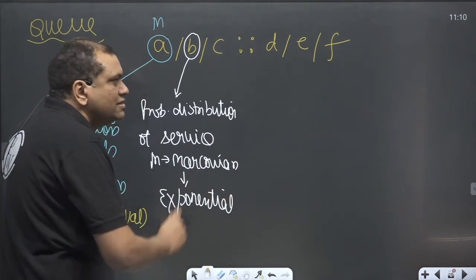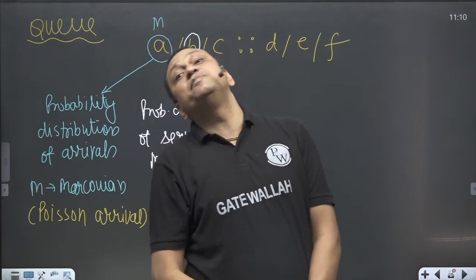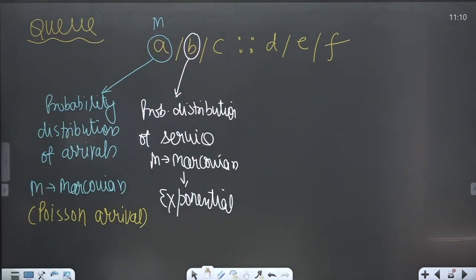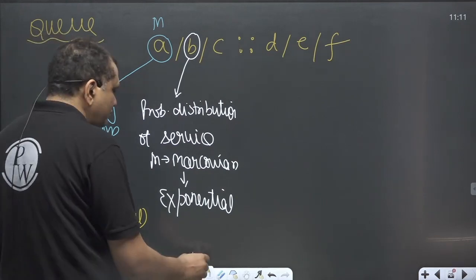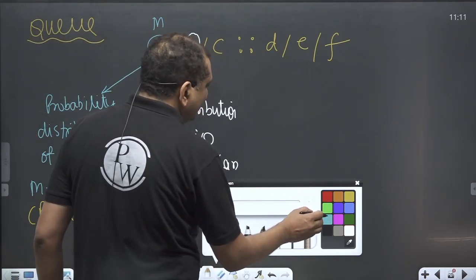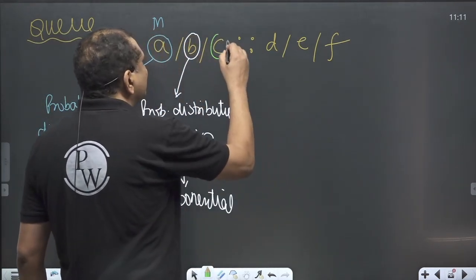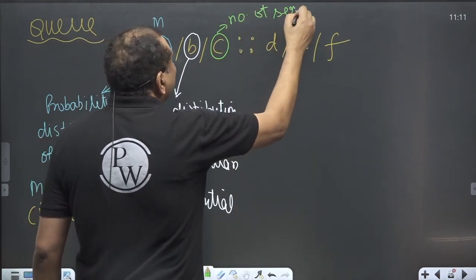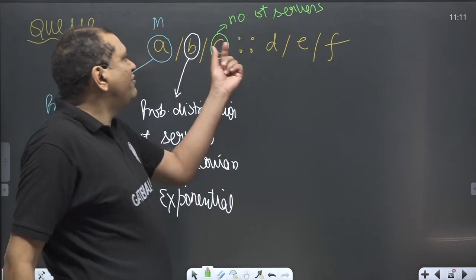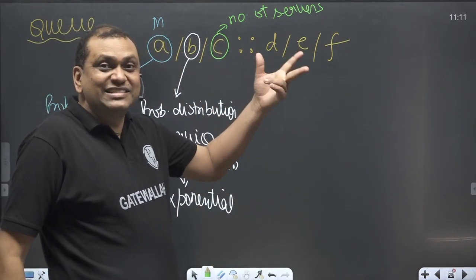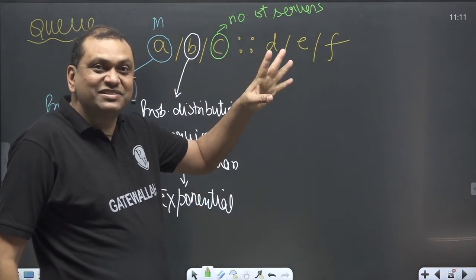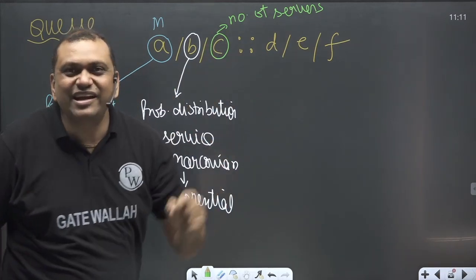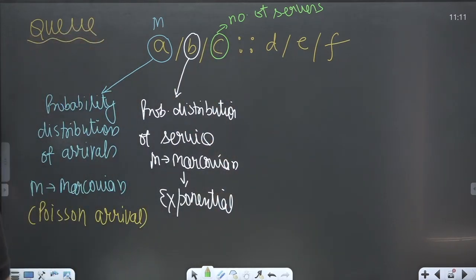My service probability distribution is the exponential probability distribution. The C is the number of servers. C may be 1, 2, 3, 4, meaning single server, 2 servers, 3 servers, 4 servers. C tells you the number of servers that are there.